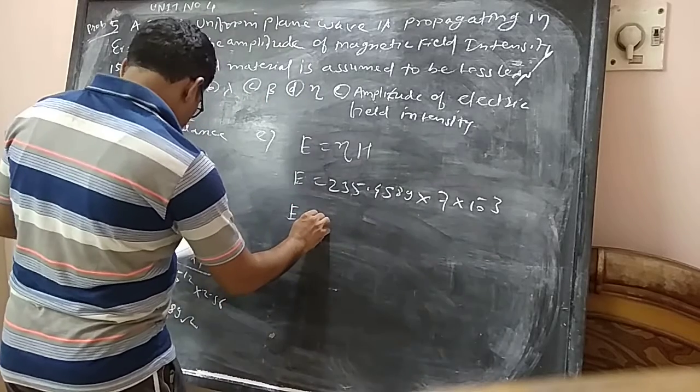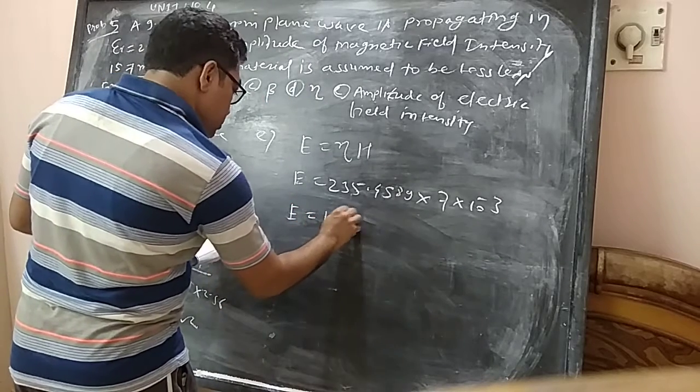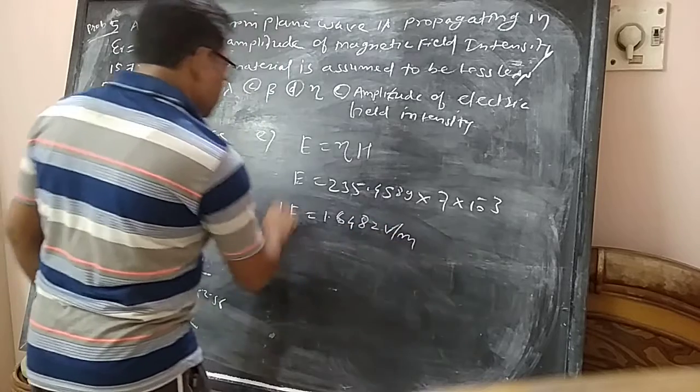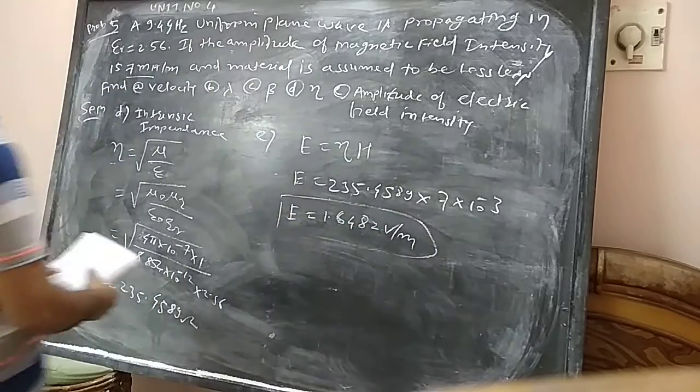So E will be equal to 1.6482 volt per meter. So this is problem number 5.